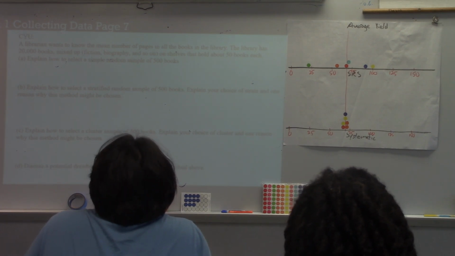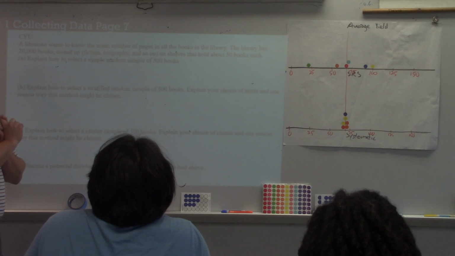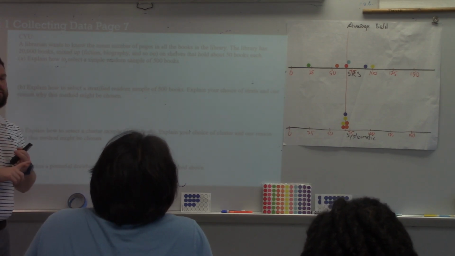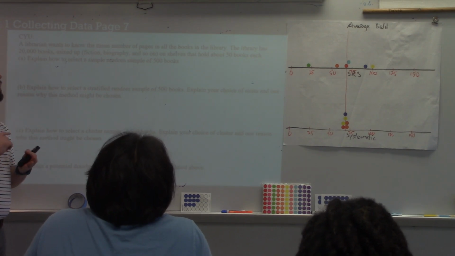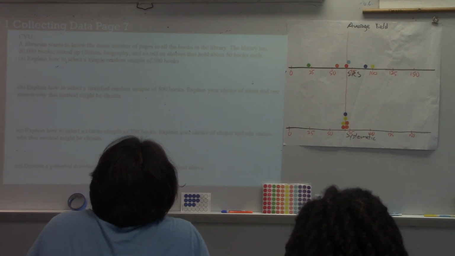Then select the books corresponding to those numbers, not the numbers themselves. Label your books 1 to 20,000, randomly generate 500 unique numbers, select those books.